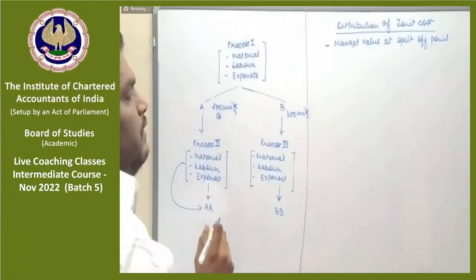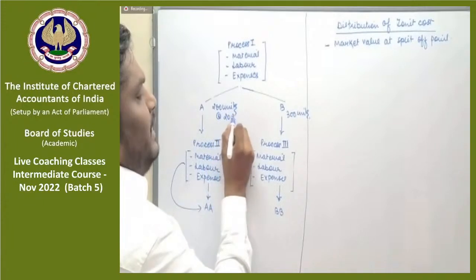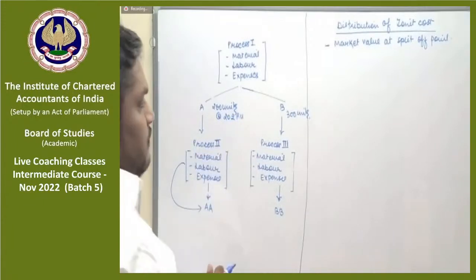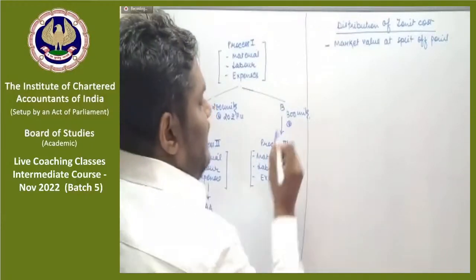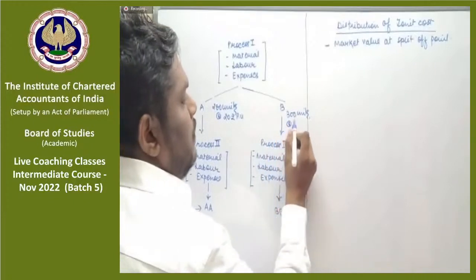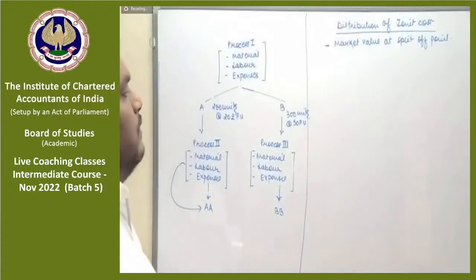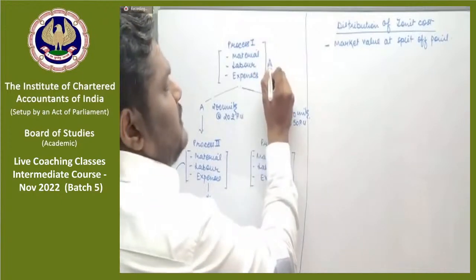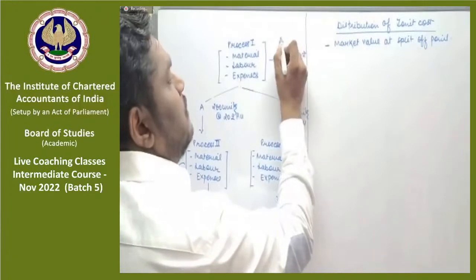A can be sold at the rate of rupees 20 per unit, and B can be sold at the rate of 50 per unit. And let's say the joint cost is rupees 3,80,000. This is my joint cost.